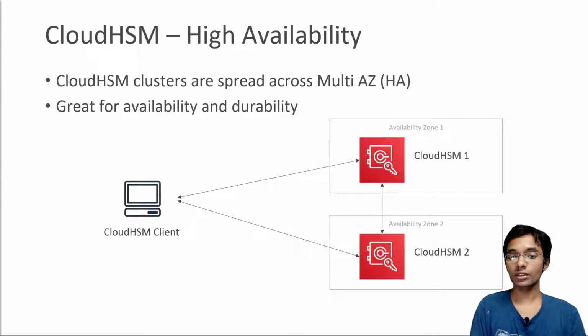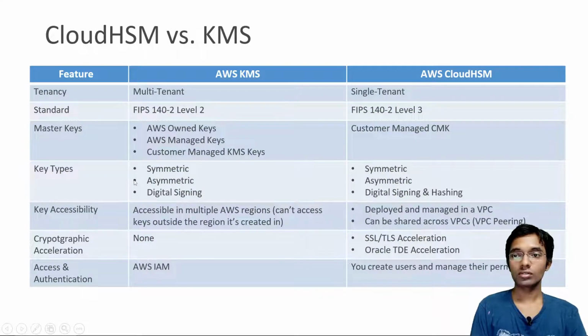In terms of encryption, Cloud HSM can do symmetric and asymmetric encryption. You can have SSL and TLS acceleration and Oracle TDE acceleration with Cloud HSM, whereas KMS has none of that.